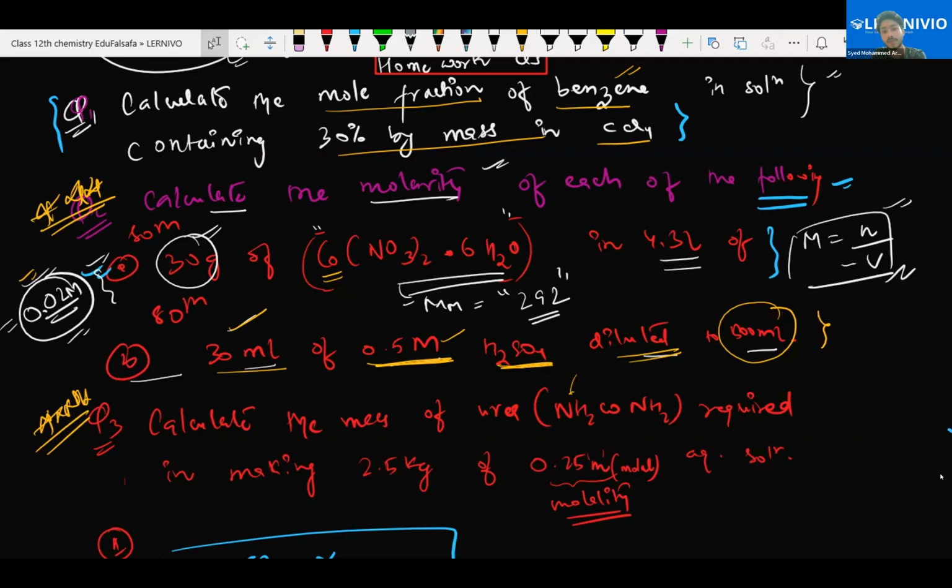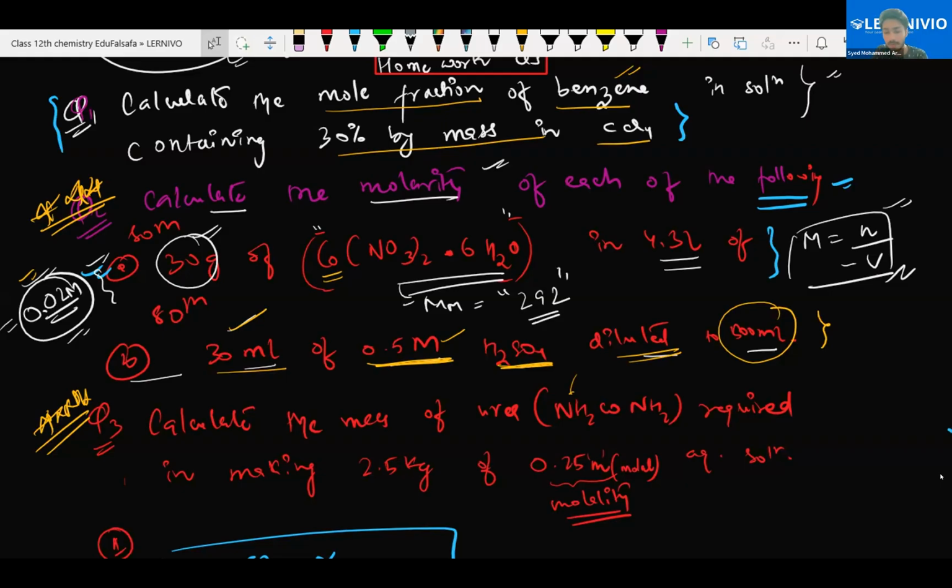The number of gram equivalent is this: when a chemical reaction happens, the reactants which react to form the compound must have an equivalence. The number of gram equivalent of all the reactants which are reacting should be equal.